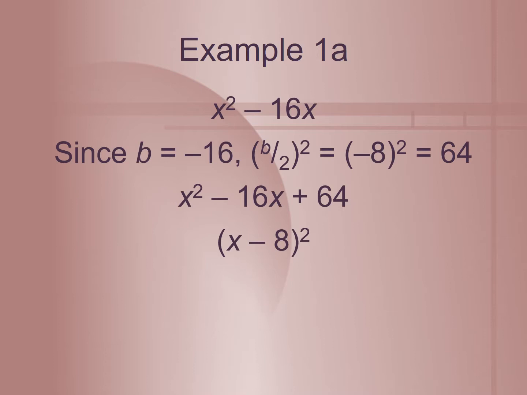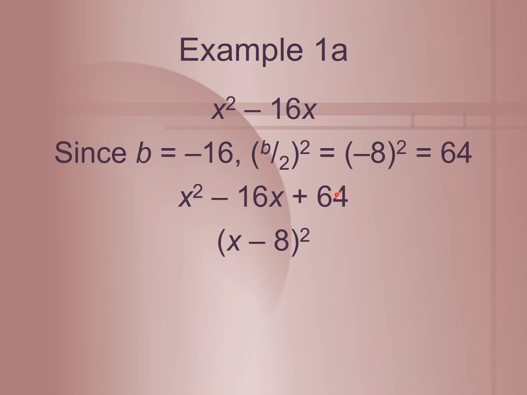Now it just so happens that x squared minus 16x plus 64 can be factored into x minus 8 times x minus 8, or x minus 8 squared. So anytime you complete the square, you're going to form a perfect square. Remember, with perfect squares, if this is your first term, then this will be the square root of the first term.